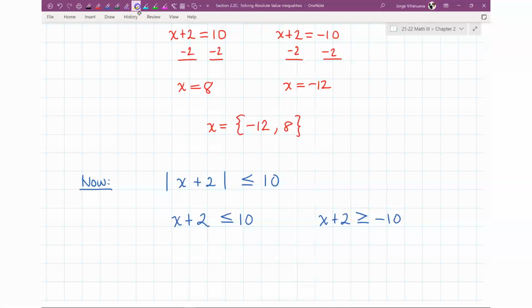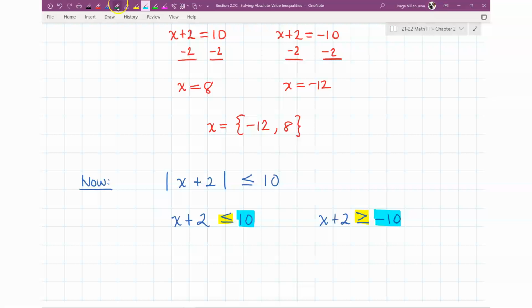So let me highlight that really quick for you. This right here is different, and this right here is different. So x plus 2 less than or equal to 10, and x plus 2 greater than or equal to negative 10.